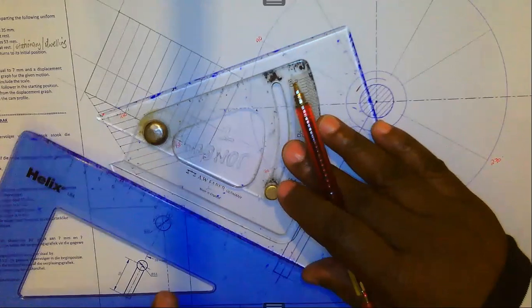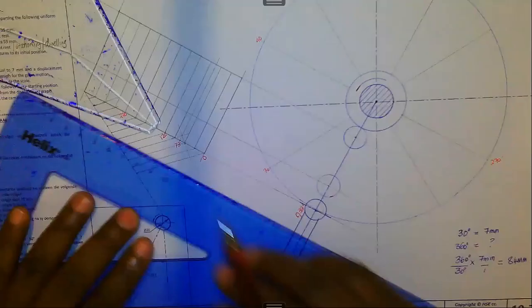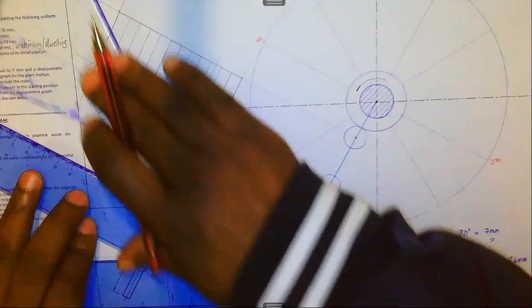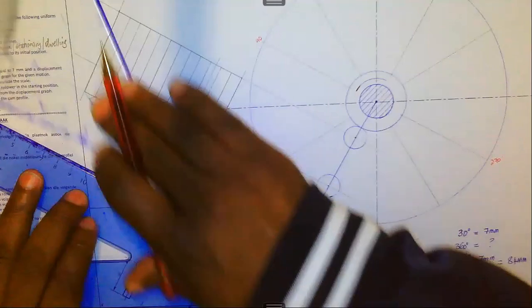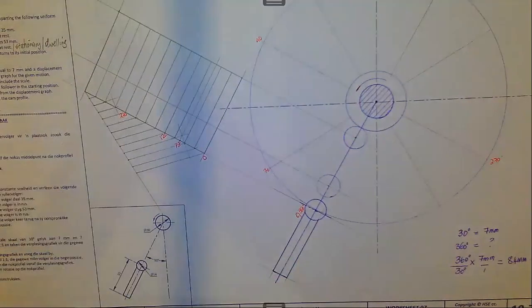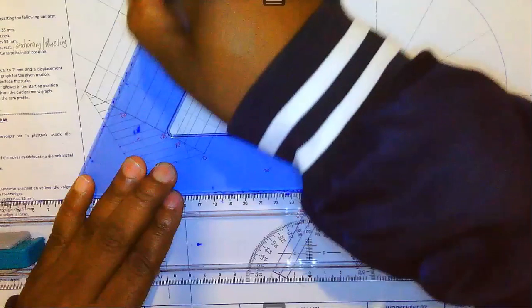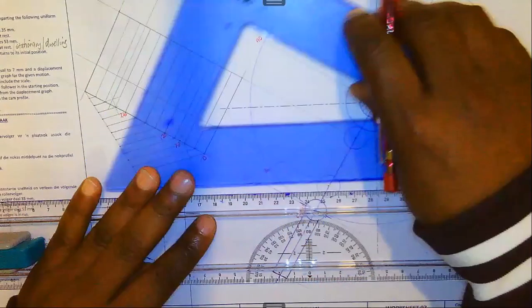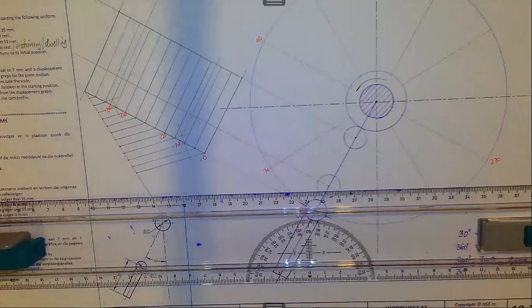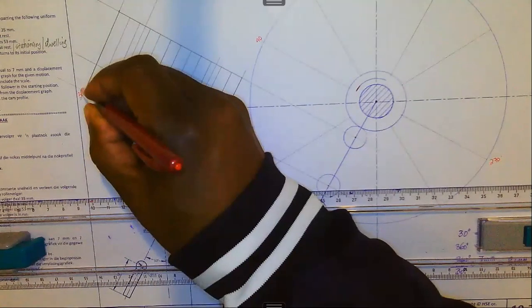We take this one up. So that's the bisector. Then we draw a line through that. There you go. That's 285, okay? 270 plus 15, that's 285. Then 285 to 360. So we now have 360 degrees, 0 degrees, and so forth.